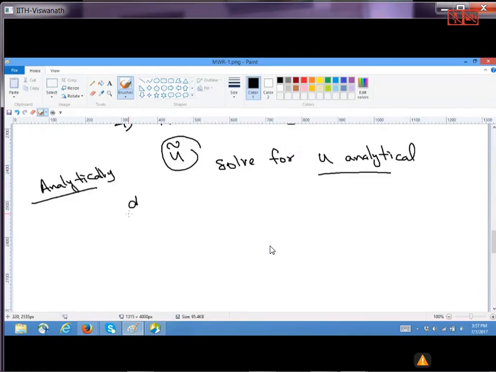That is, d squared by dx squared plus 1 is operated on u of x, which equals 0. That means we can write this as D squared plus 1 equals 0.